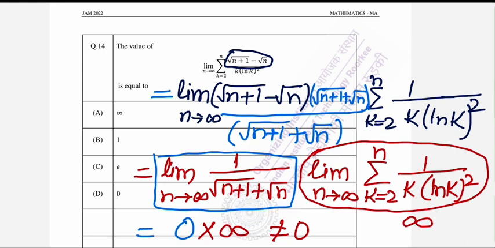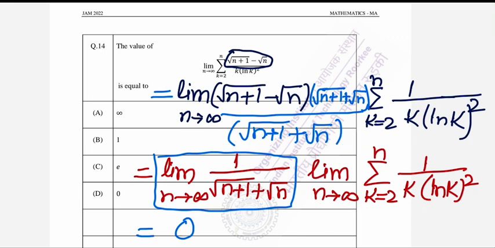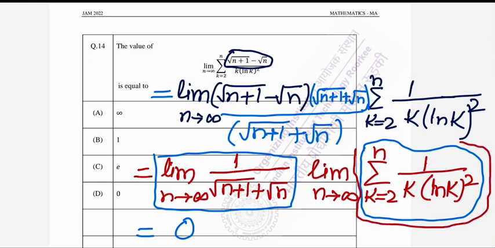So to get the answer 0, we have to prove that this series, inside the red and blue enclosure, is convergent. Then the whole limit given in the question will be 0, and in that case the option will be D.